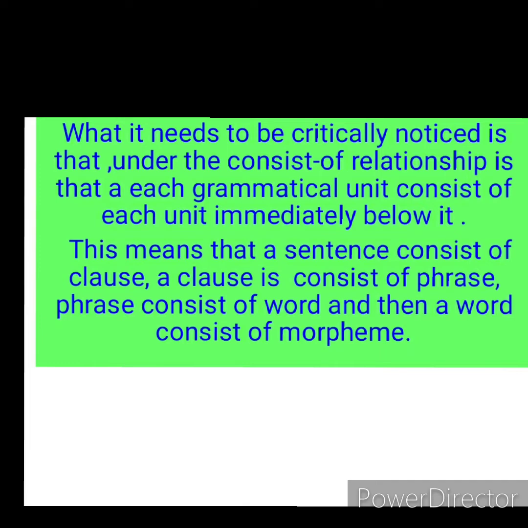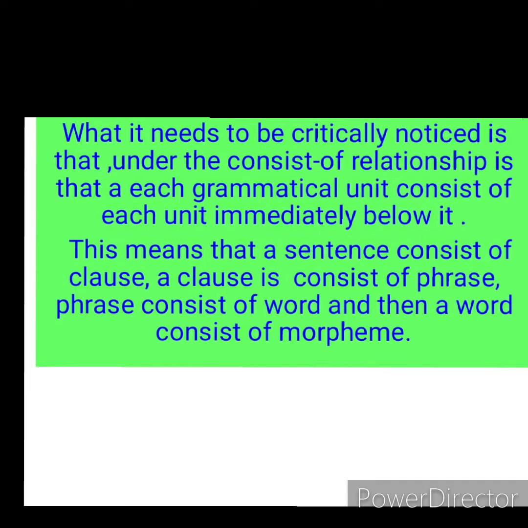Then what we are trying to say is that if each of the grammatical unit consists of what is immediately below it, this means that sentence consists of a clause, clause consists of a phrase, phrase consists of a word, then a word consists of a morpheme, and since morpheme is the least, it cannot be broken down again.